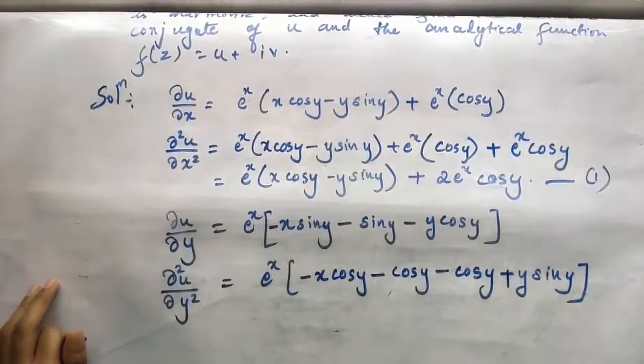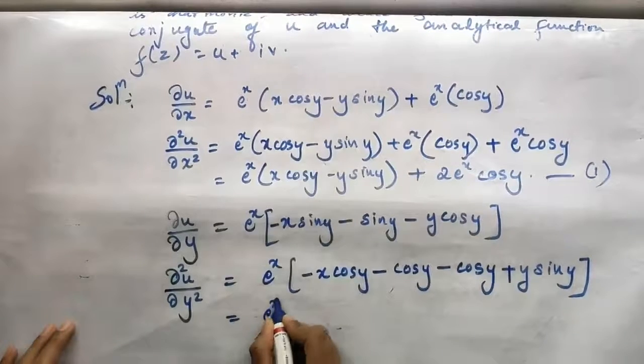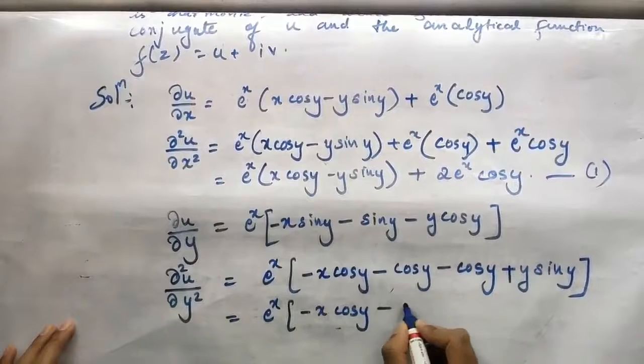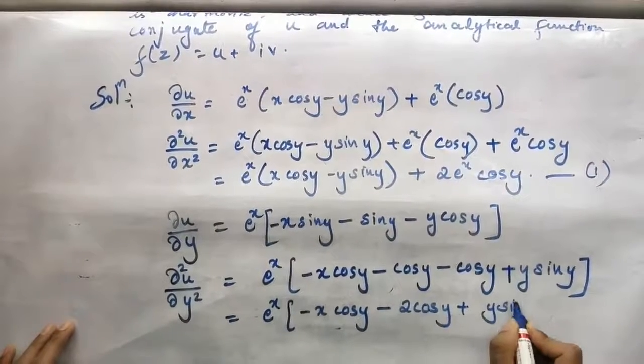Complete this. Okay, this is what you get. Now, if you further simplify this, it will be e to the power x, minus x cos y minus 2 times cos y plus y sin y.